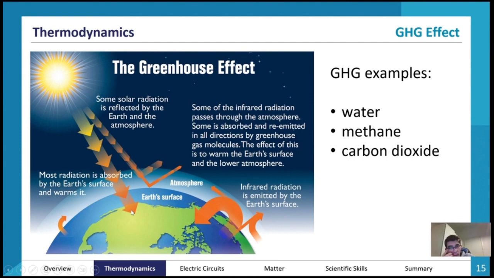The problem comes when this thermal energy gets stuck between the atmosphere and the Earth.